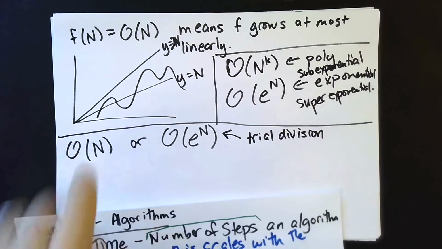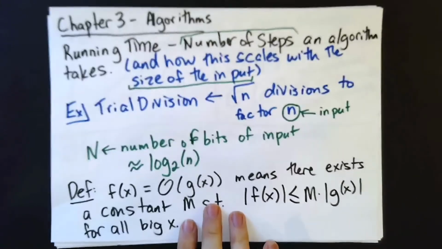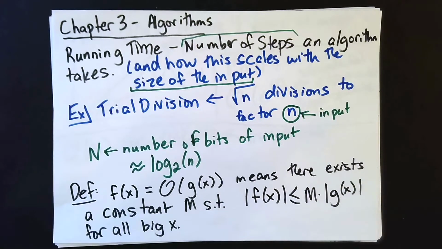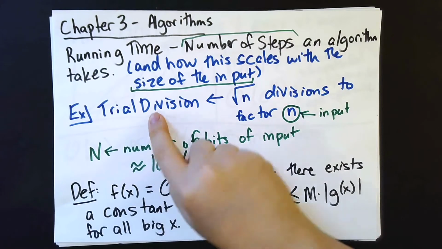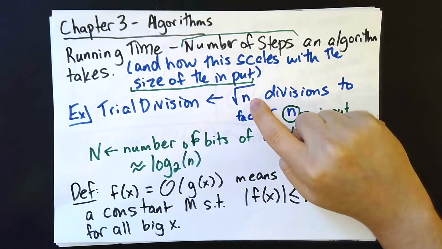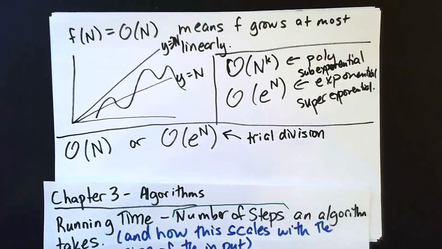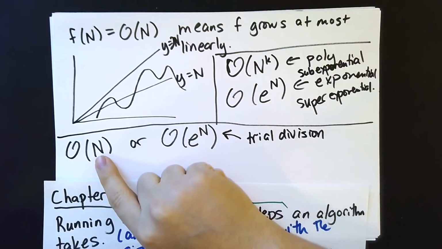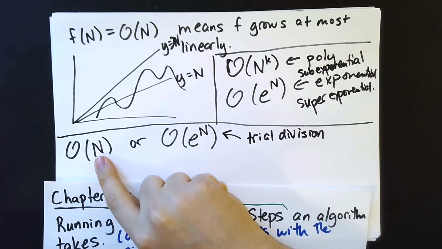But note, this is where the little n versus big N distinction comes in. So when I talk about trial division and how many steps it takes, it's taking square root of the number steps. Whereas when I'm talking about algorithmic efficiency, usually the convention is that we're going to describe that in terms of the number of bits in the number.